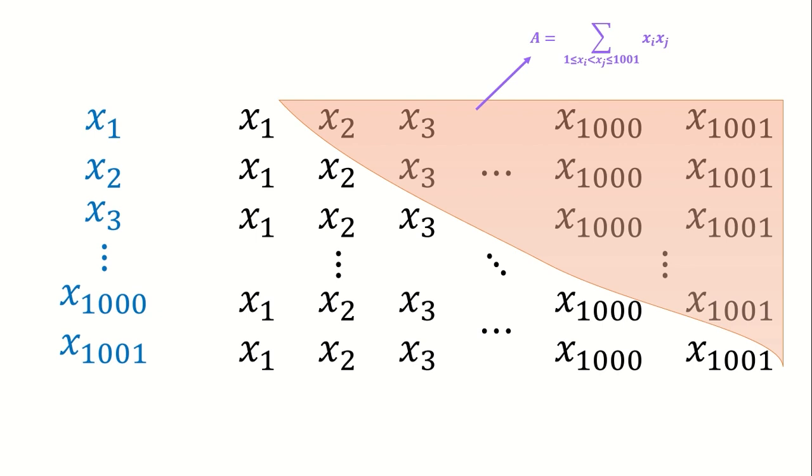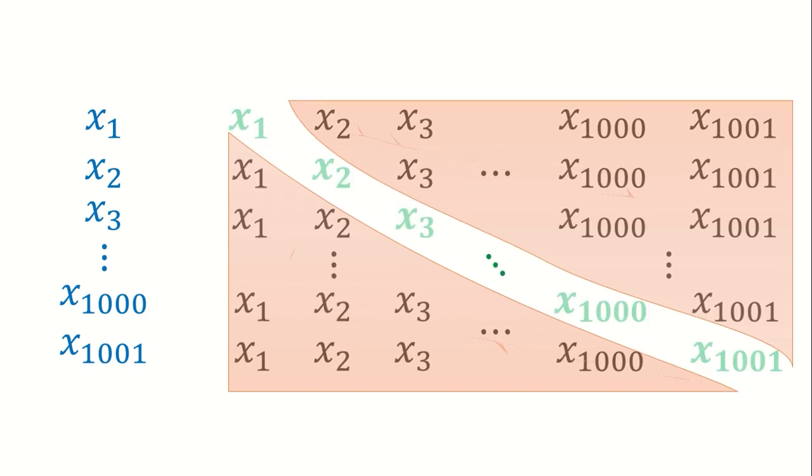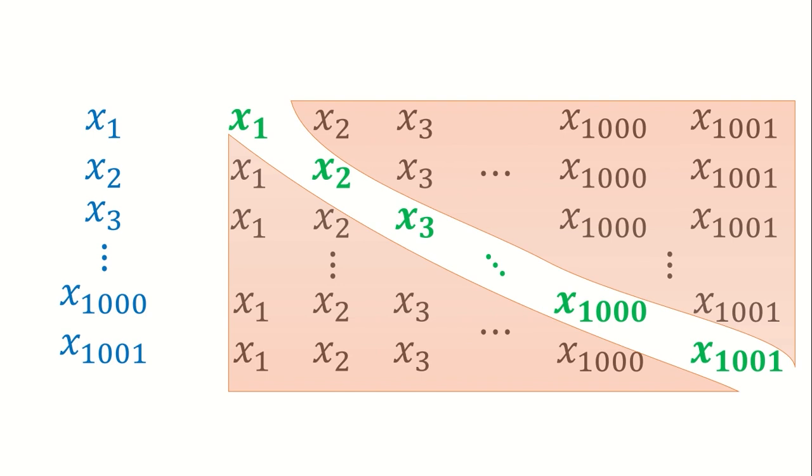In the table, we have the expression xi dot xj for the triangle on the upper right, and another triangle in the lower left, which is the same expression as A.